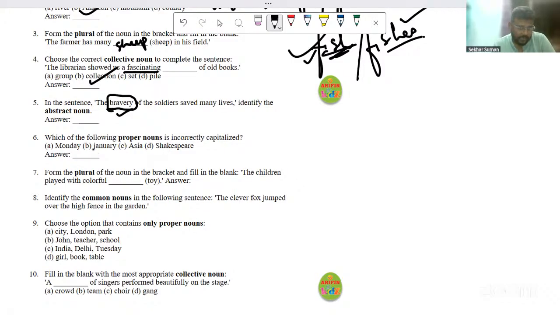But as we can see, since specifically we have used the name of a particular month, this B option seems to be incorrect. Yes, right. So it should be January instead of a small j. Okay.